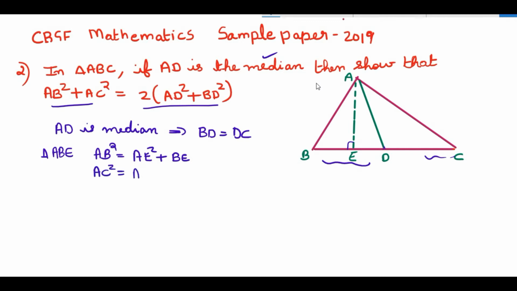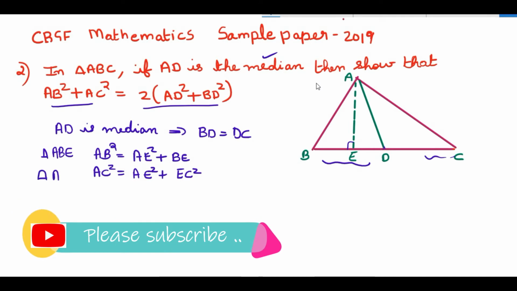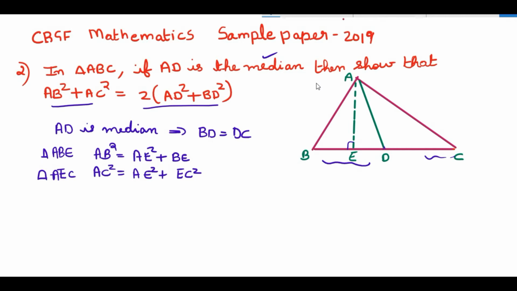AC square is again AE square plus EC square. Now we are going to add these both. So when I add the left side, I will get AB square plus AC square equal to 2AE square plus BE square plus EC square.